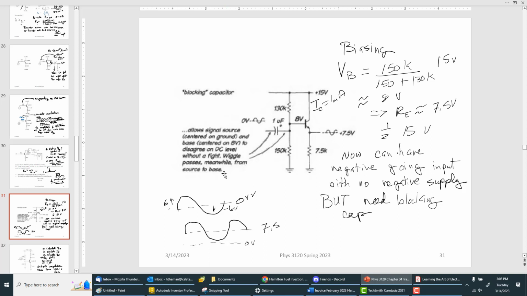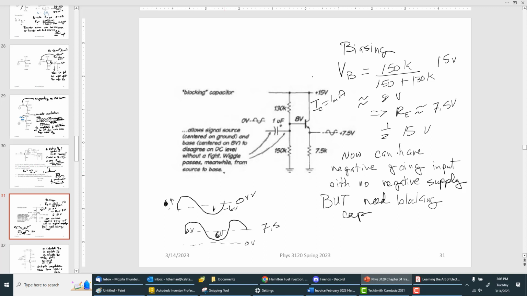Now, of course, we have 6 volts and 6 volts. At some point, you can't go more than the rails. And in fact, for us, we're going to have plus 12 and ground. So we wouldn't be able to reproduce 6 volts.